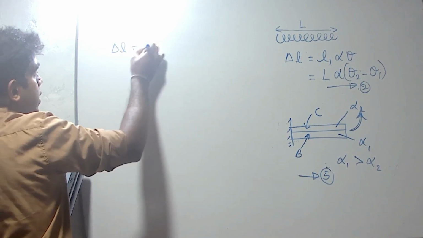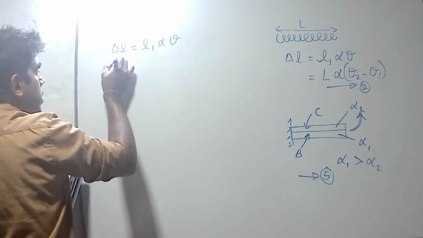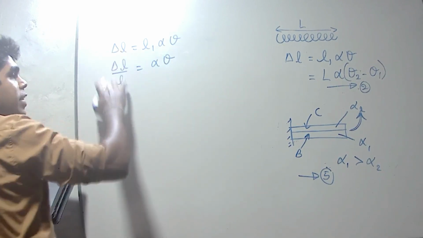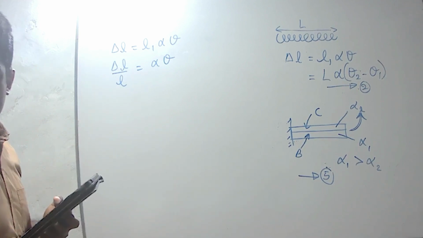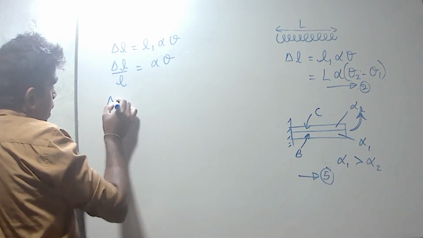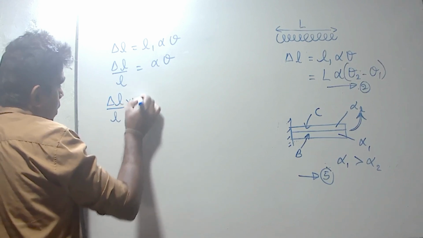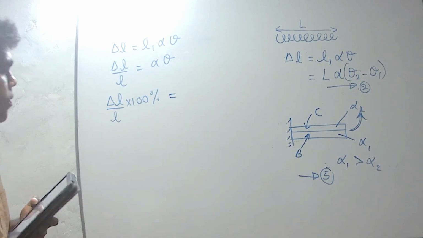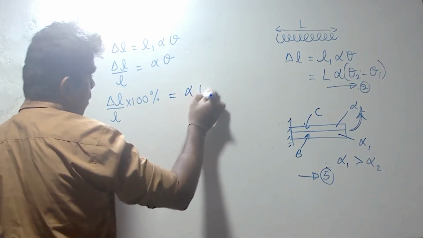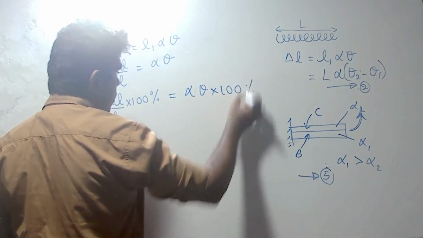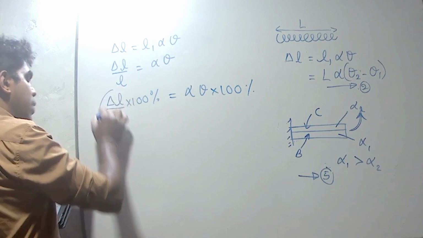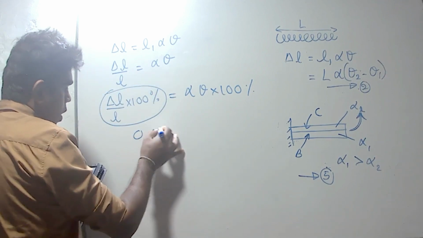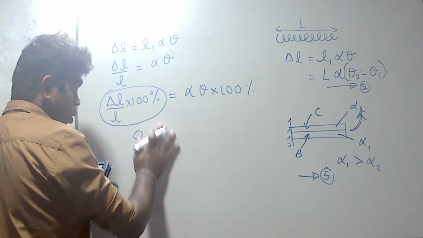Delta L equals L1 alpha theta. Delta L over L equals alpha theta. This is the fractional increase of length. We can get the percentage increase of length by multiplying by 100. Then alpha theta multiplied by 100 is the percentage increase of length, given as 0.002.